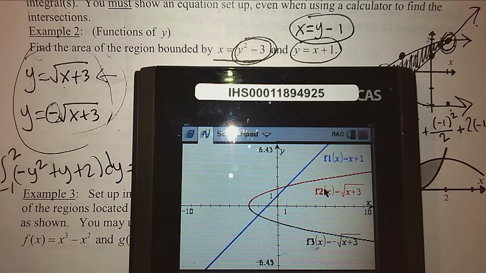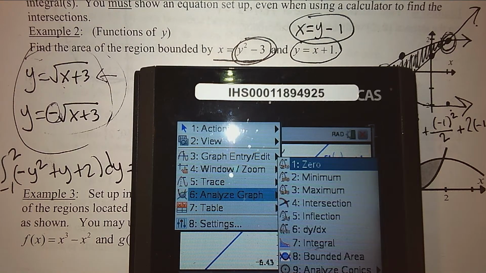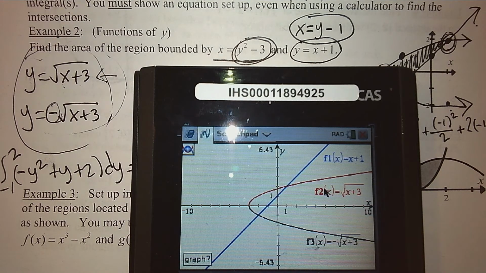All right. Now, how do I integrate the bounded parts with our calculator? I'm experimenting here too because we have 3 functions going on. So let's see if this works out. We're going to go to Menu, Analyze, Bounded. The first bound, I notice it's bounded on the left. Remember, I have to use x values here, not y values, because it's in terms of a function.